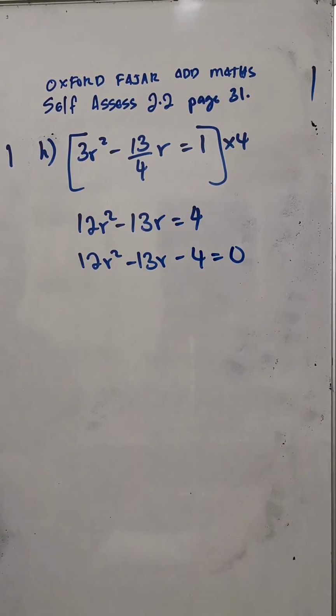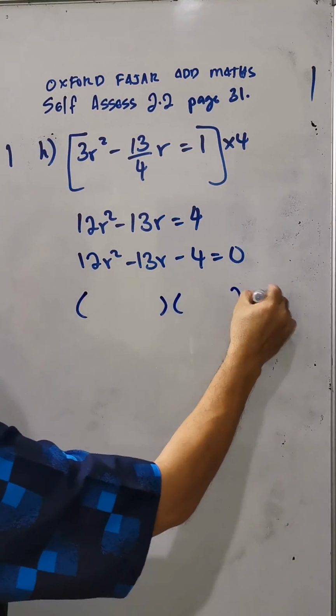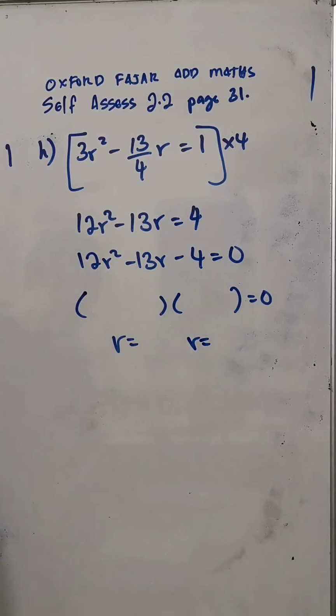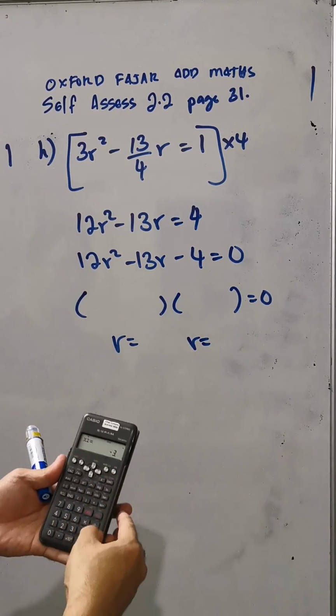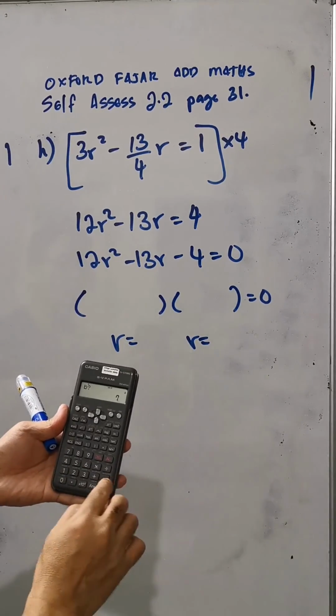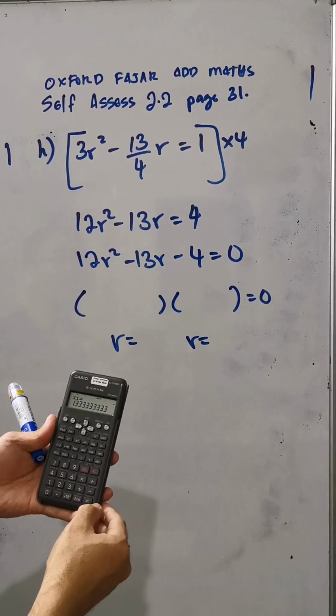That is the general form. So put two brackets here. Write down the first R and the second R, and then let's get the value of R. A will be 12, B will be negative 13, and C will be negative 4.